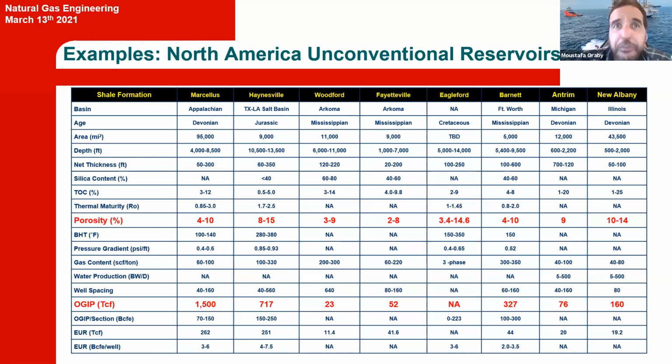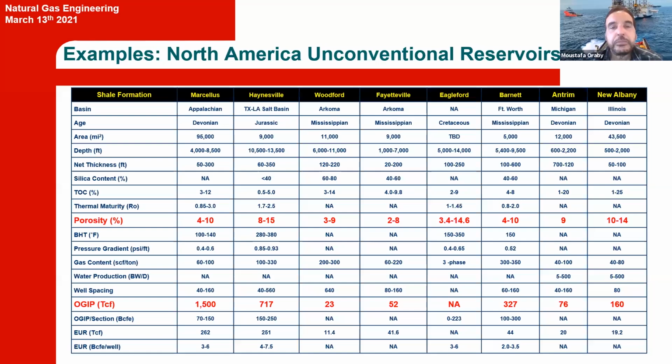Your reserve will be 150 TCF. Huge reserve. So the low porosity here does not justify a place for this hydrocarbon to live. So the hydrocarbon does not really rely on porosity in unconventional reservoirs. We need to understand what's really happening there. Where does this hydrocarbon live in the unconventional reservoir?